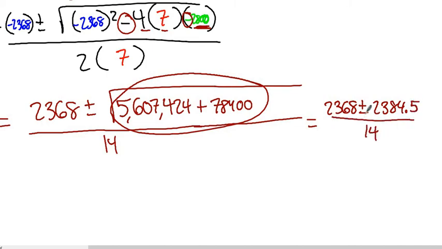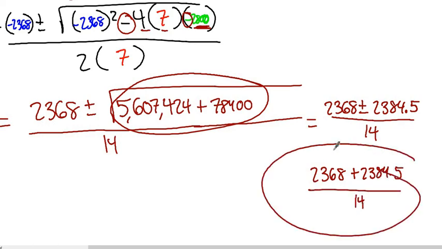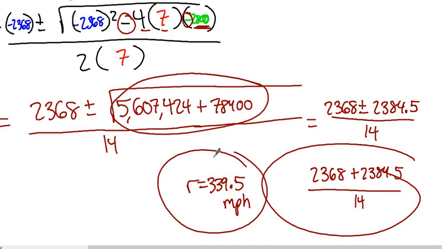There's a plus or minus here, but we don't need to do the minus, because if you did 2368 minus that number, you would get a negative, and we can't have negatives right here. So we're just going to find out what that is. When we plug that into the calculator, which I'm doing right now, we end up getting that the rate is approximately 339.5 miles per hour. So that is how we would solve that distance, rate, and time equation.